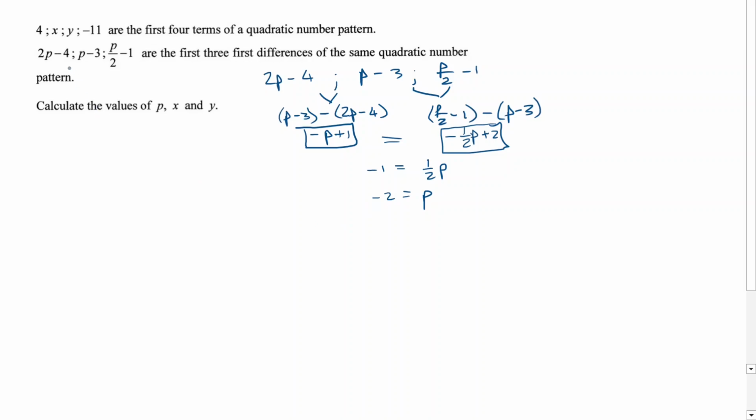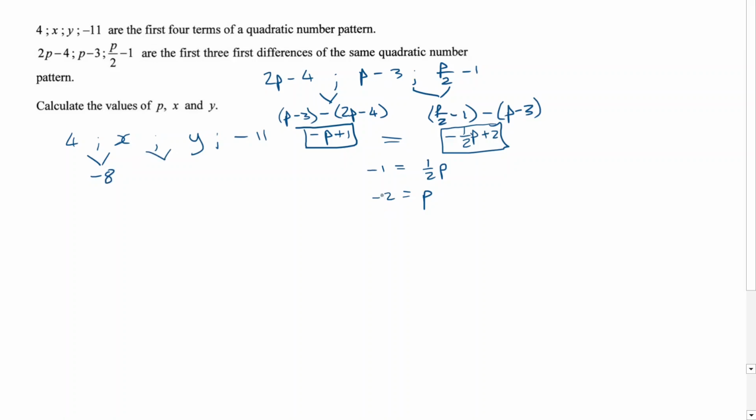What that means is I could go back here and just replace these with the actual numbers they are. If this is minus 2, then 2 times minus 2 is minus 4. Minus 4 minus another 4 is minus 8. So we've got a first difference of minus 8.